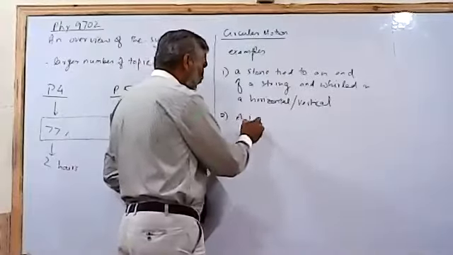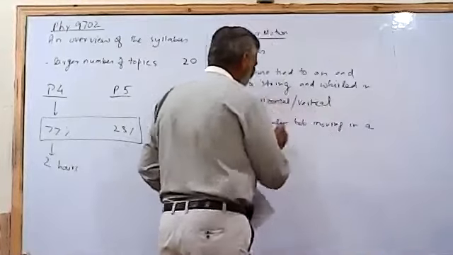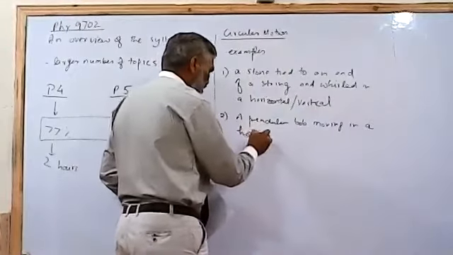Simpler and more familiar examples are those of horizontal circular motion, but there will be examples of vertical circular motion as well. It will come up later on. Number 2, a pendulum bob moving in a horizontal circle.